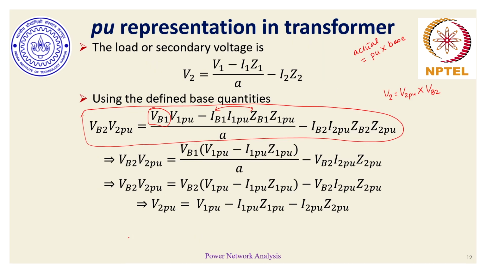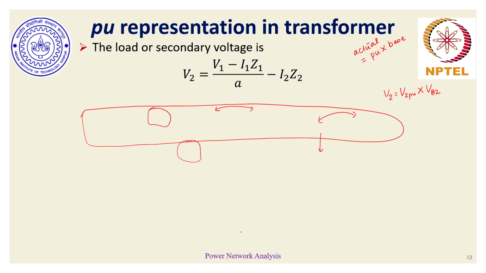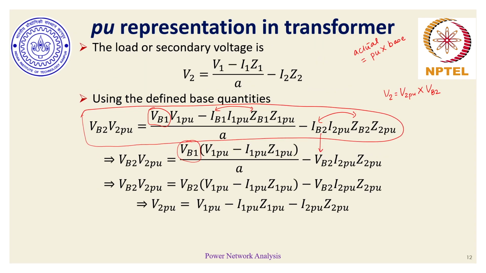So in this expression, we can bring VB1 out. And similarly, on this particular side, IB2 into ZB2 is nothing but VB2. Why? That's how the base impedance on secondary was defined. And gradually, if we start simplifying, what we see here, VB1 by A is nothing but VB2.